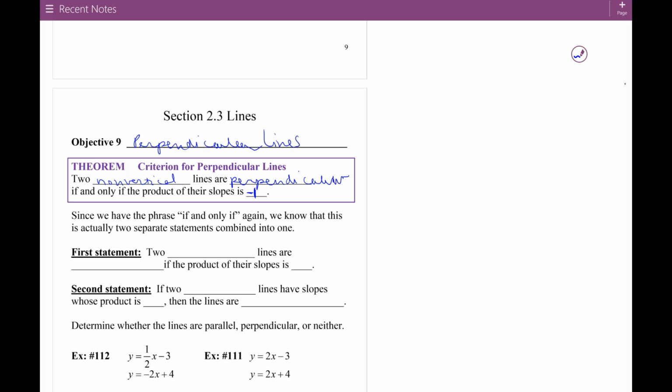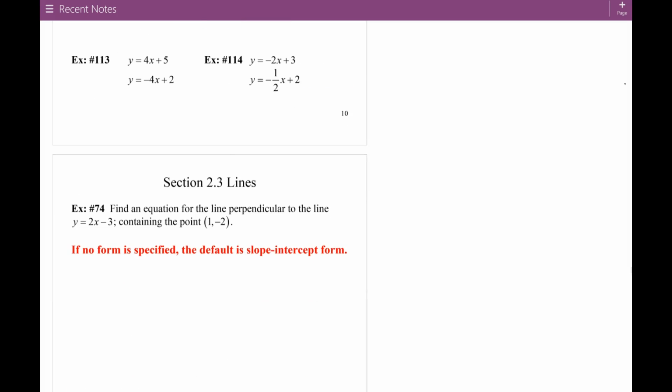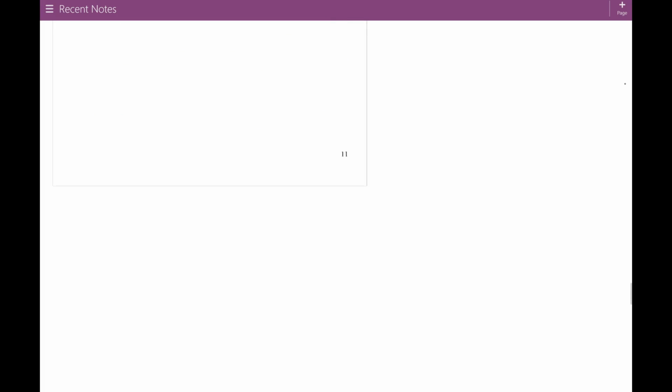It says if two non-vertical lines are perpendicular, then the product of their slopes is -1, and if two non-vertical lines have slopes whose product is -1, then they are perpendicular. So we'll talk more about that in class together. And if no form is specified on a problem, then the default is slope-intercept form.